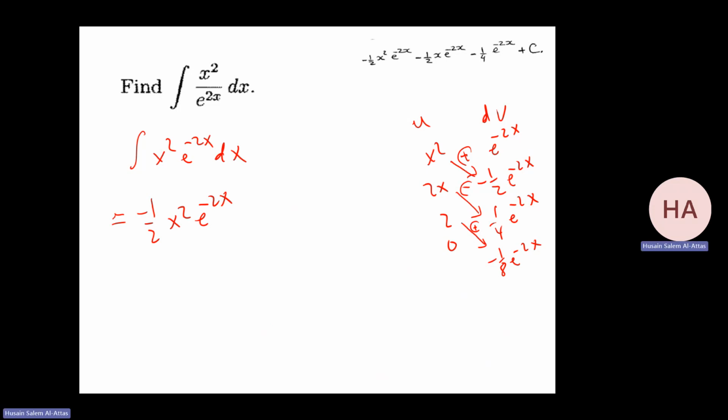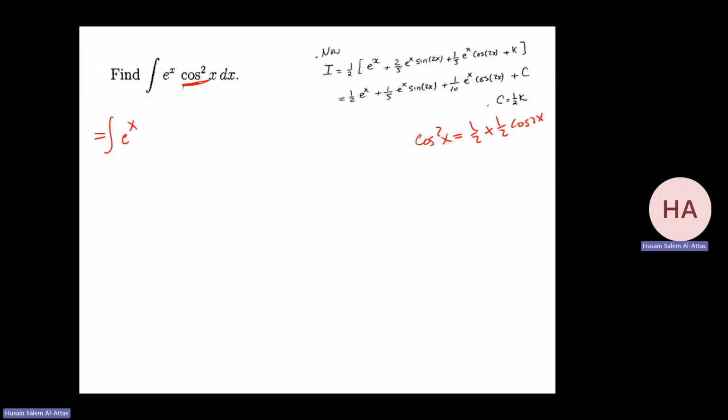Yeah, I need to deal with cosine squared first. Cosine squared is what? Half plus half cosine 2x. So that gives me e to the power x times half plus half cosine 2x dx.